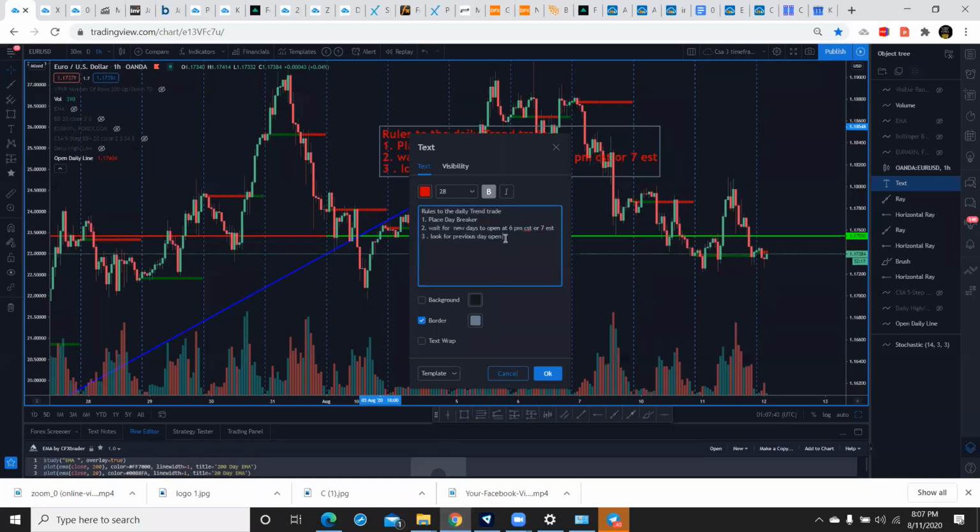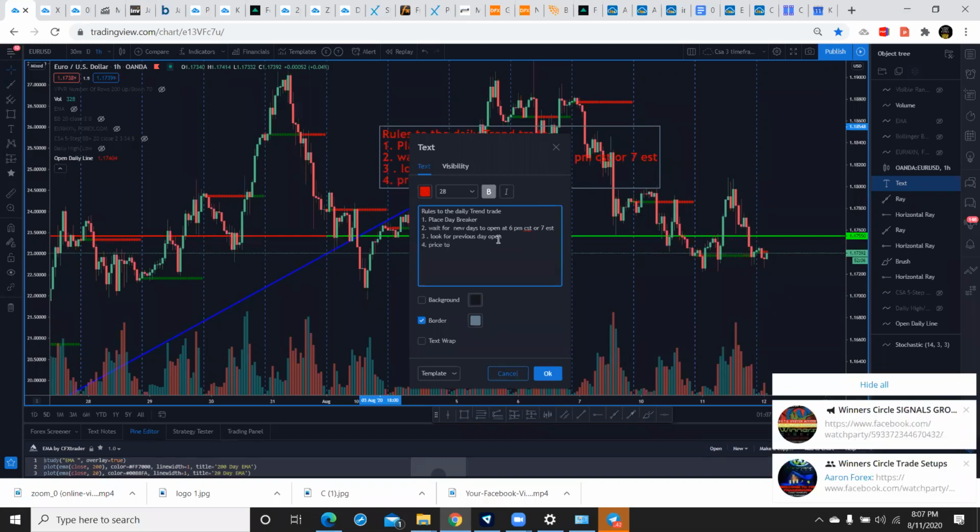So once we find the previous day's open, we want price to break.